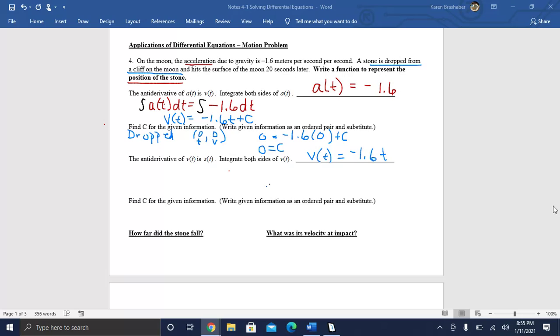So now we're supposed to be going to position, so we will integrate both sides of our equal sign. The antiderivative of v of t dt and the antiderivative of negative 1.6 t dt.